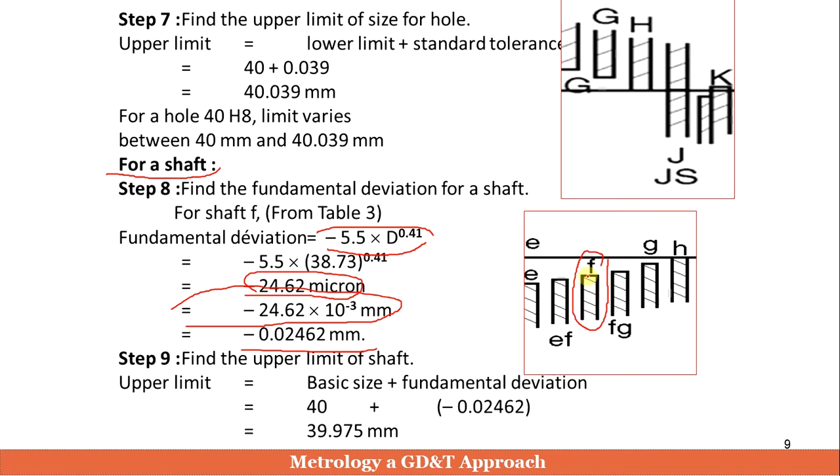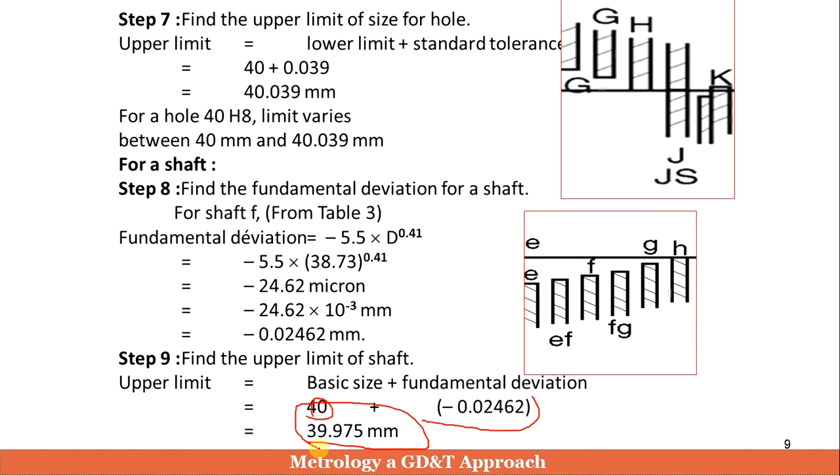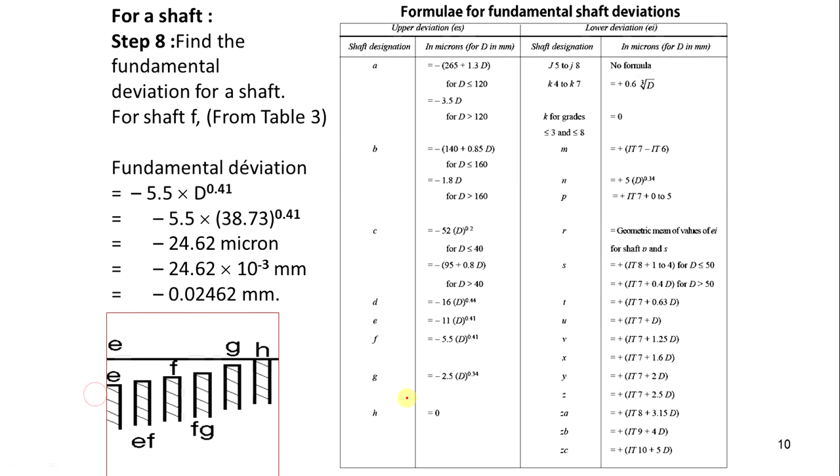Since we have got the dimension of the shaft as minus 0.02462 mm, then we can get the limits now. This will be the upper limit for the shaft, and this will be the lower limit of the shaft. The upper limit will be equal to the basic size plus the fundamental deviation. The basic size again will be 40 mm and the fundamental deviation is minus this, so we have got 39.975, which indicates the upper limit. In a similar way we can find out the lower limit, the other size of the shaft.